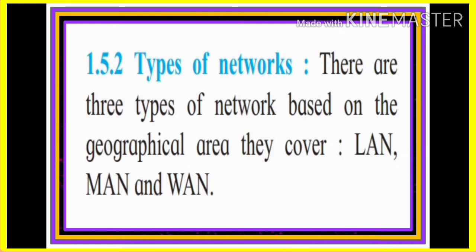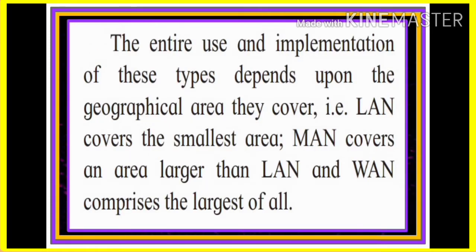So, depending on the geographical area they cover, the types of networks are classified as local area network, metropolitan area network, and wide area network. The entire use and implementation of these types depends upon the geographical area they cover. That is, LAN covers the smallest area, MAN covers an area larger than LAN, and WAN comprises the largest of all.